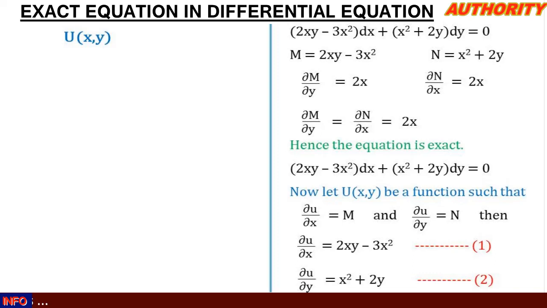Now, we are looking for one function that has these two properties. So here, we can choose to use equation 1 to find this function, or use equation 2 to find this function.